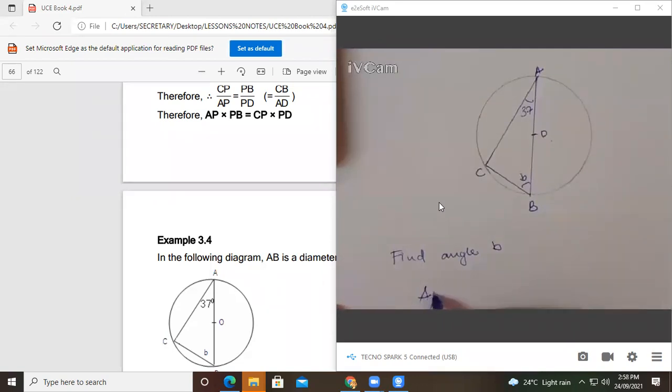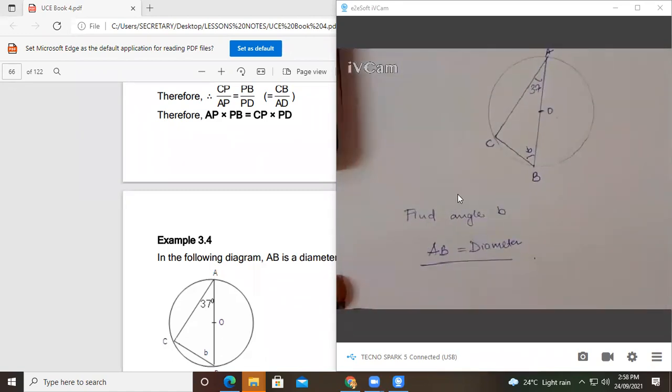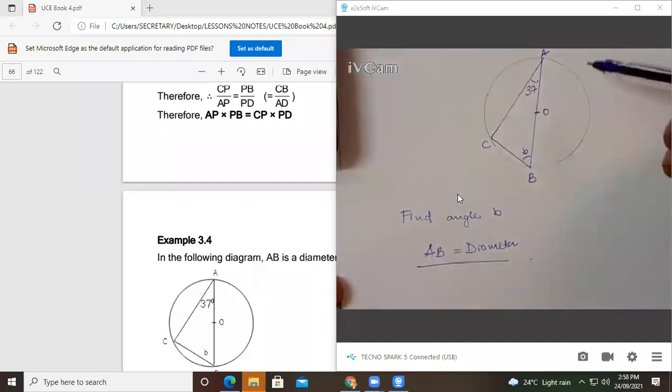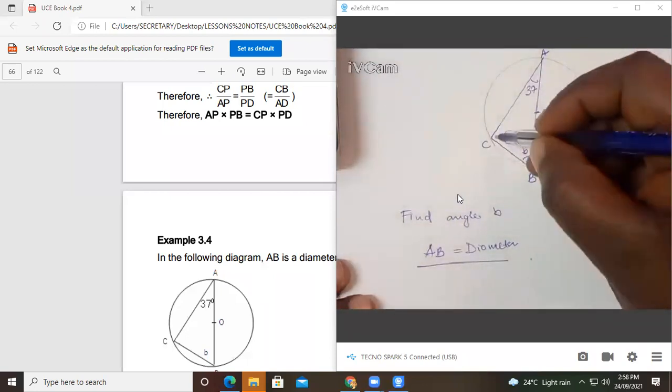So AB is the diameter. I want you to understand AB is a diameter, correct. If AB is a diameter, now, which property are we going to use? Which angle is here at point C?